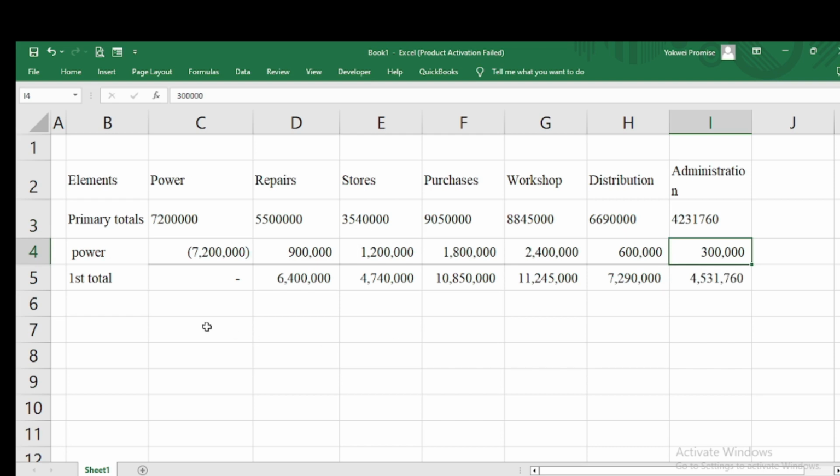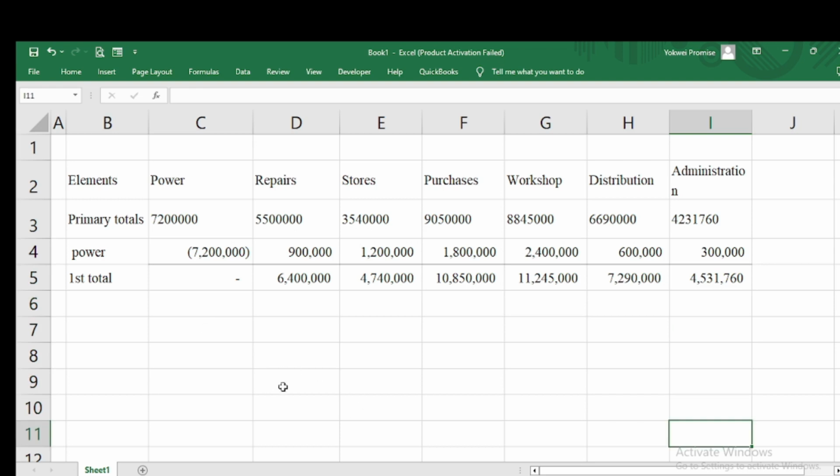And then the next thing is stores and repairs. With the stores and repairs now, we are going to generate simultaneous equations that we will use in solving them. So please, I will just generate the equations and then give the values, since I've solved it here, and then you also solve in order to conclude.